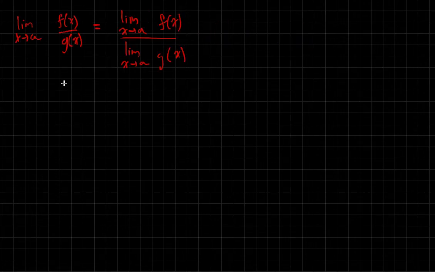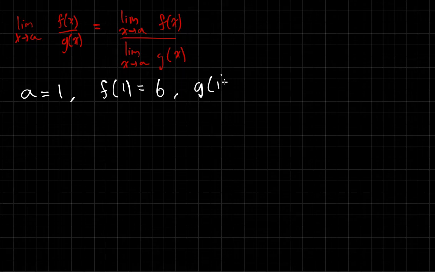So this next property is also similar. It's the limit as x approaches a for f of x over g of x equals the limit as x approaches a for f of x over the limit as x approaches a for g of x. So now let's just say that a equals 1 again, and f of 1 equals 6, and g of 1 equals 3.